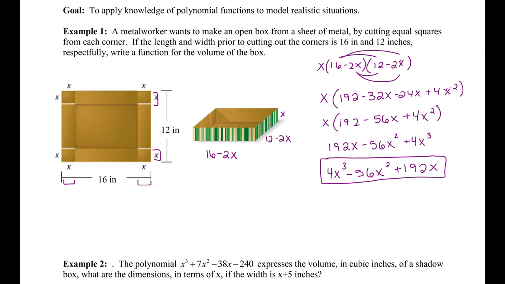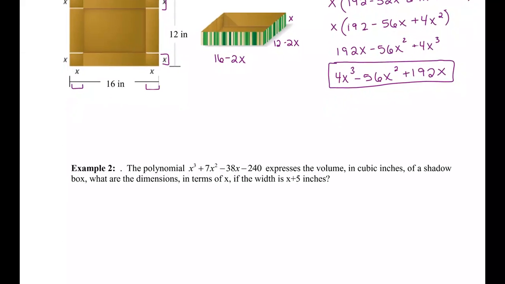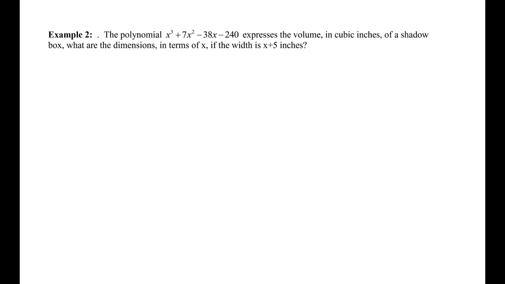Let's move down and look at example number 2. Example number 2 says the polynomial x cubed plus 7x squared minus 38x minus 240 expresses the volume in cubic meters of a shadow box. What are the dimensions in terms of x if the width is x plus 5? So if you want, you can draw a picture. You don't have to.